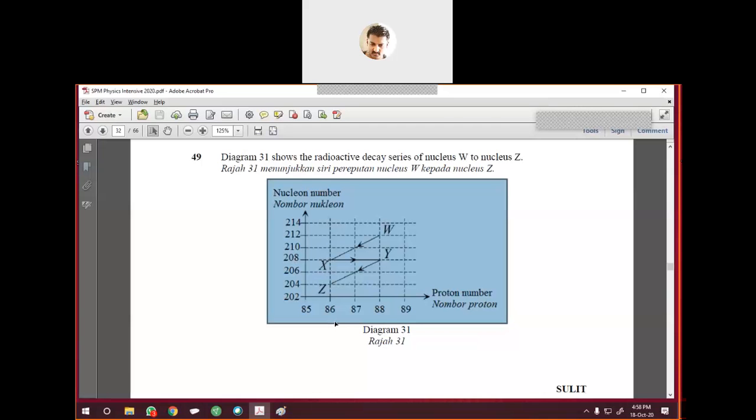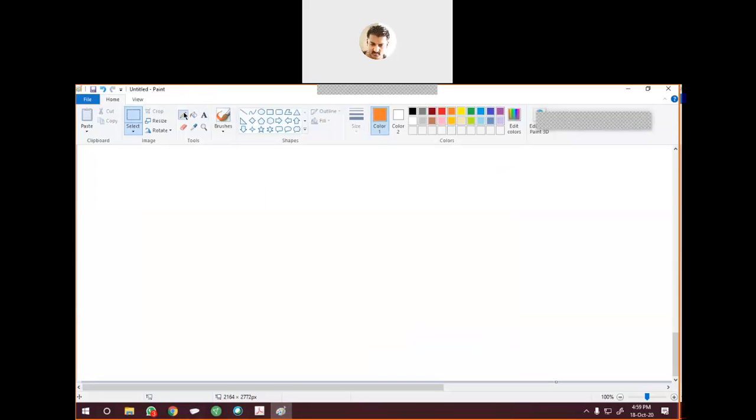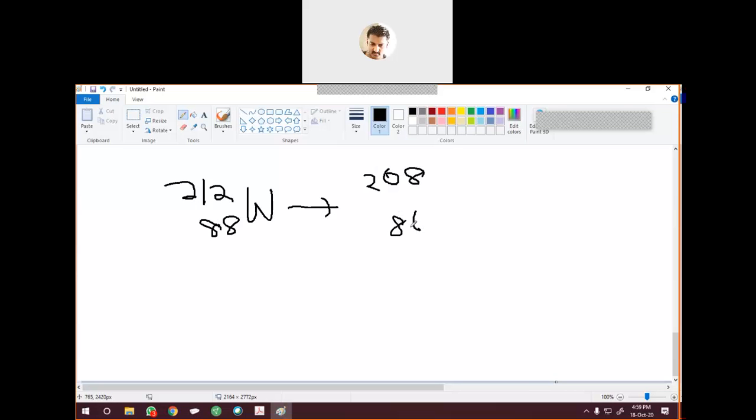So how much has it lost between 212 and 208? Let me type this one down. So W is 212, 88, then it becomes X, which is 208, 86.